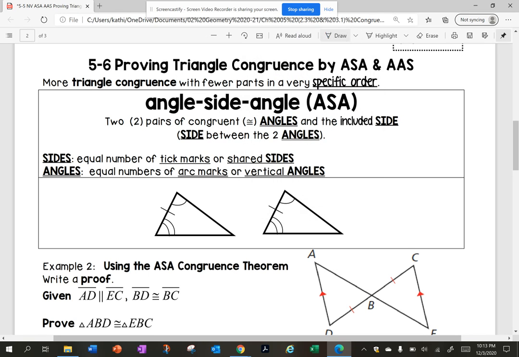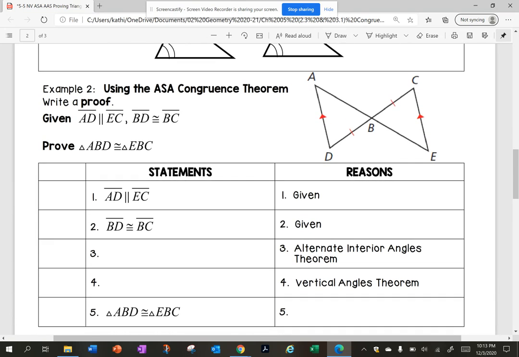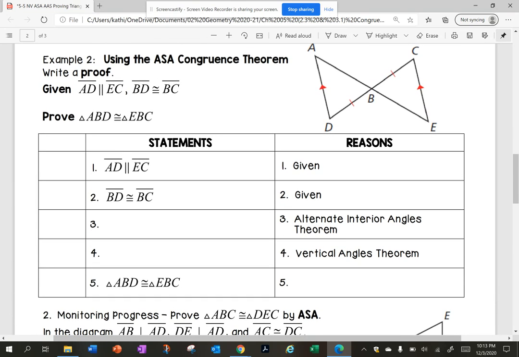Okay, let's do a proof. We want to prove these 2 triangles are congruent by angle side angle. We've been writing proofs for a while, so I take the information that was given and put that in my statements.